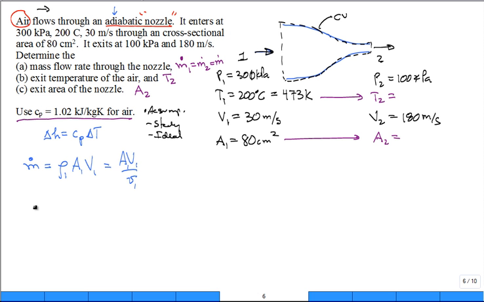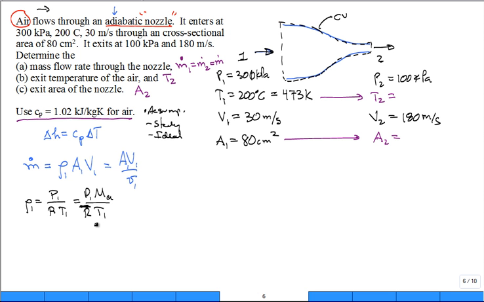So what is rho 1 equal to, or specific volume 1? How do I calculate that? Pressure 1 divided by R T1. True? You tell me if you like it. Okay. How about this one? P1 times the molar mass of dry air divided by R bar T1.